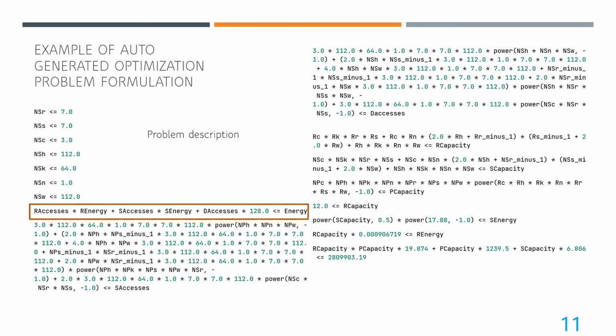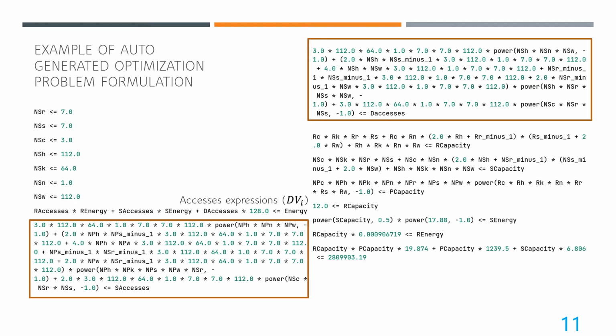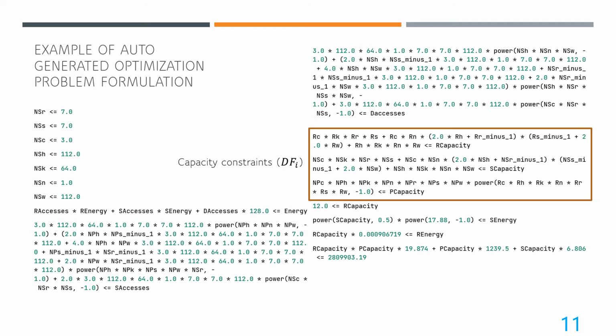This expression shows the total energy expression as a summation of energies at the register, SRAM, and DRAM level. This section shows data volume expressions generated for the number of SRAM and DRAM accesses. These sets of constraints describe capacity constraints. These constraints use data footprint expressions.